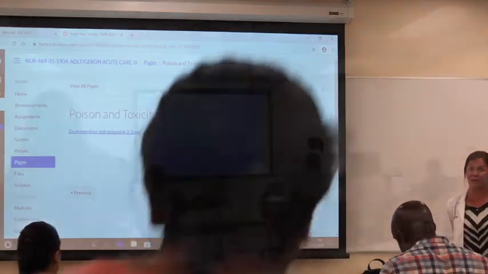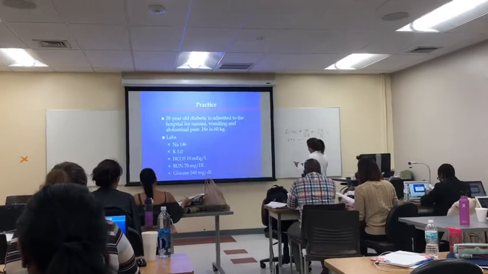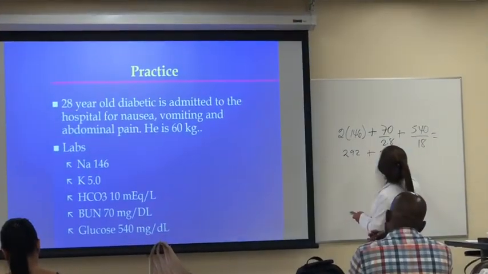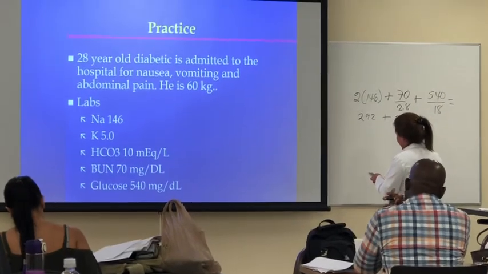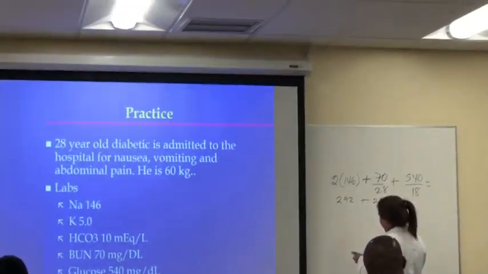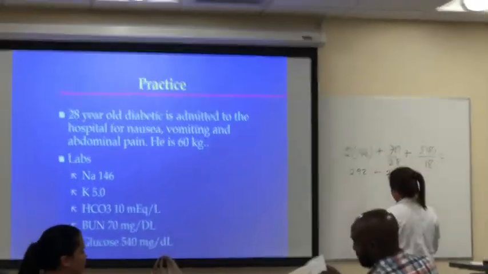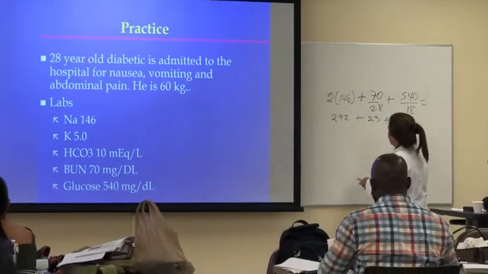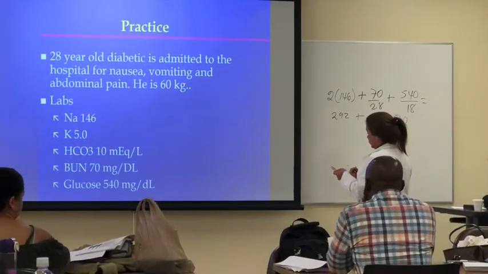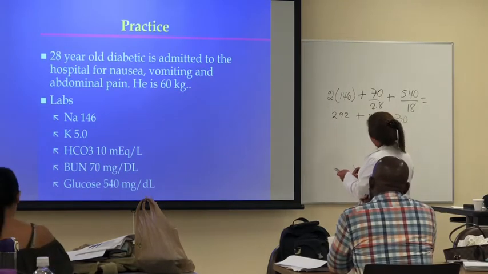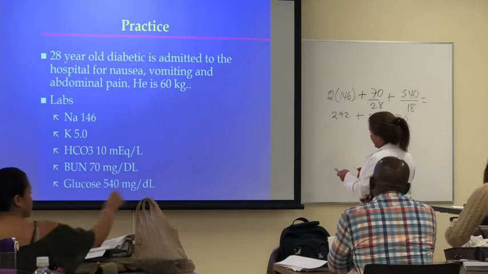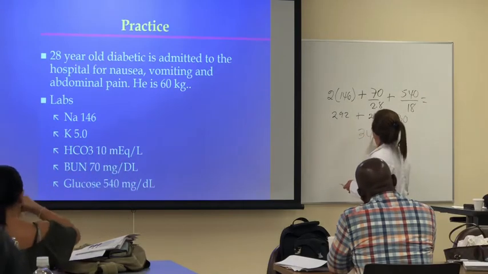Until 3 p.m. Divided by 2.8. 25 plus 540 divided by 18. 30. So that means that 292 plus 25 plus 30 equals 347.